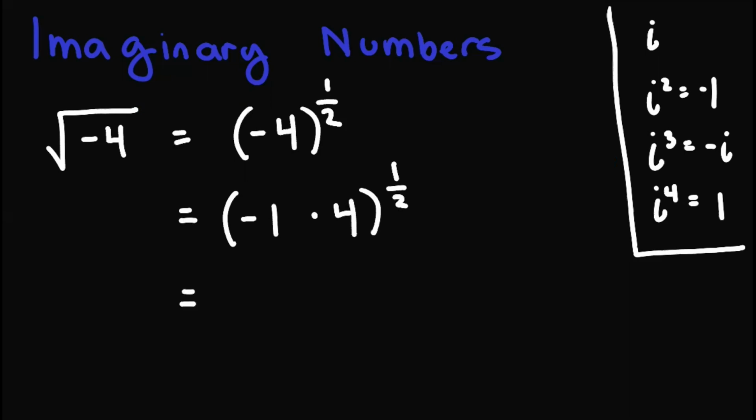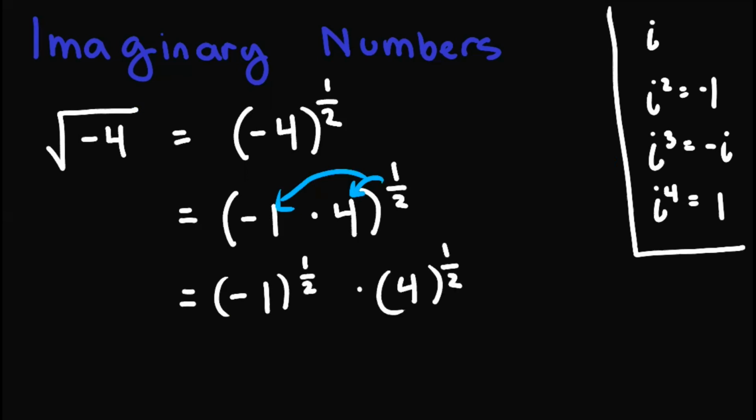This one is equal to, by laws of exponents, we distribute this one. So we'll have -1 raised to 1/2 times 4 raised to 1/2. And then going back to the radical sign, we'll have here square root of -1 times square root of 4.